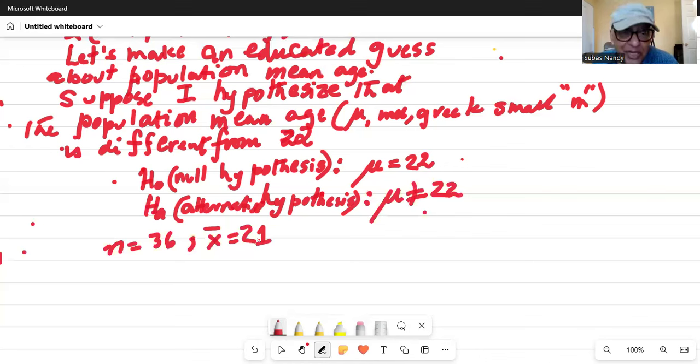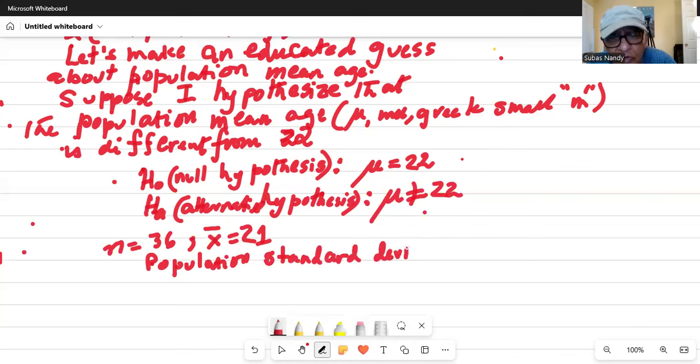I have a sample mean of 21, sample size of 36, and also let's suppose the population standard deviation sigma is 1 year.